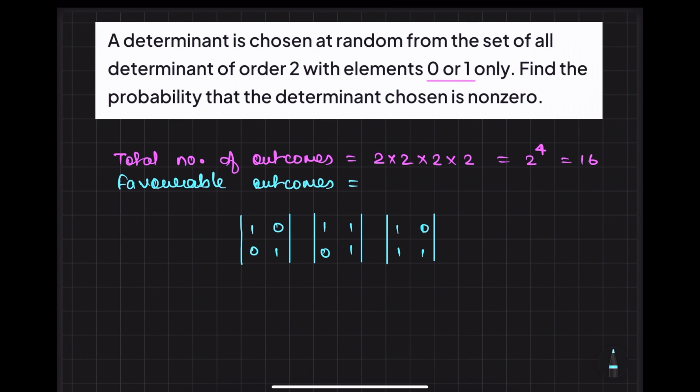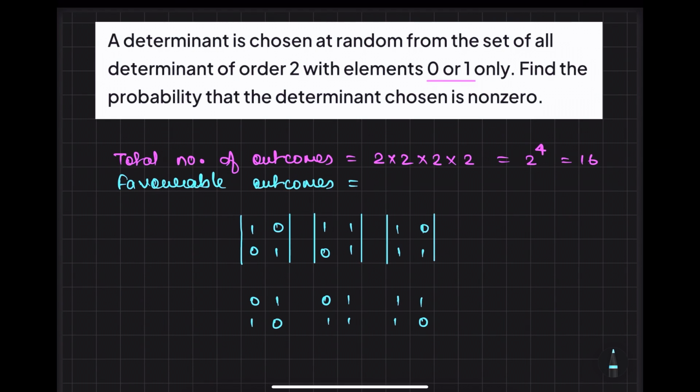Now I will take minus 1. For minus 1, I'll put 1 and 1 over here, and now I'll make the others 0. So 0 0, 0 1, 1 0.